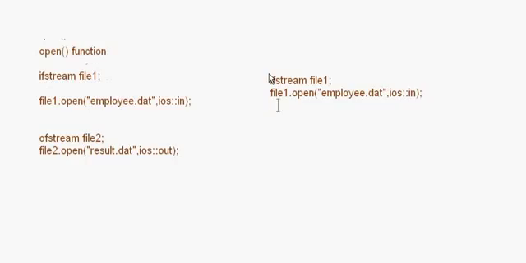Now after this I have some statements here for reading and all, which we'll do later, fine. Now then I write file1.close, and then again I write file1.open, and this time I am opening another file, ios::in, right? Now see what we are doing here.